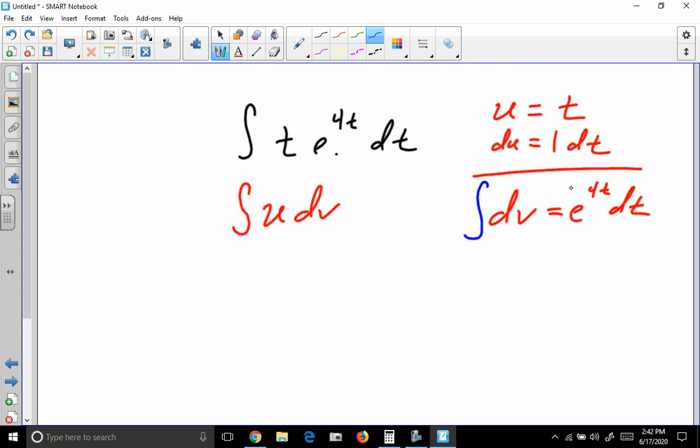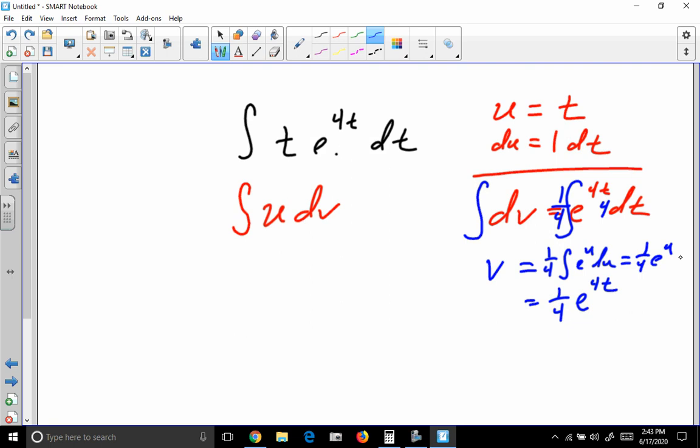To get v, we would integrate. We could make this e to the u. If that's u, then du would be 4 dt, so we would need a 4 there and a 1/4 there. So that's just 1/4 the integral of e to the u du, which is 1/4 e to the 4t. Remember, when we integrate e to the u du, we get e to the u, where u for this integral is 4t. So that's our v.